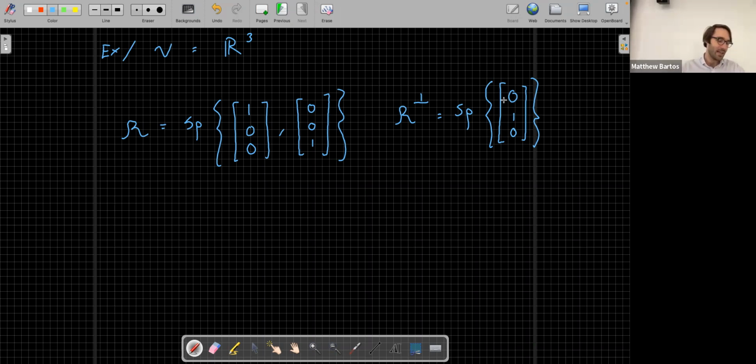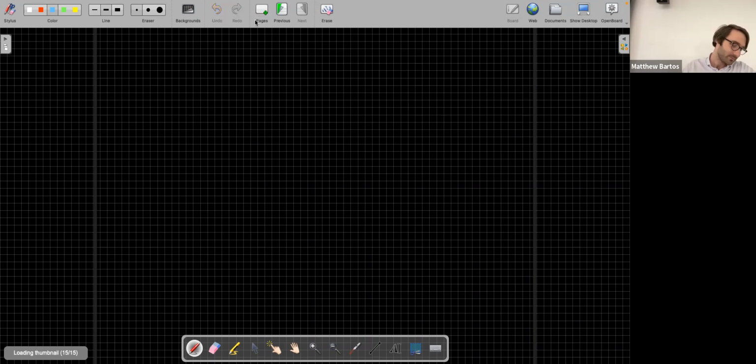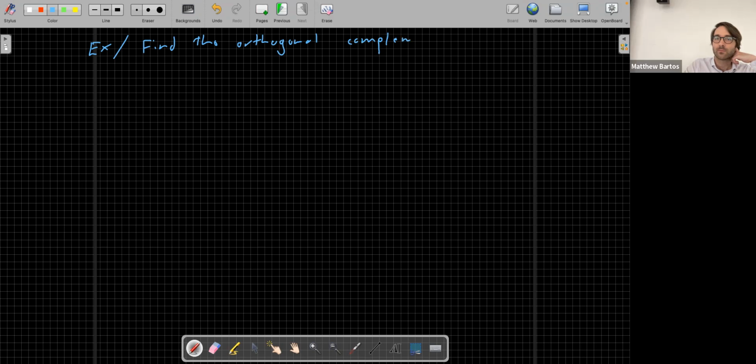Okay, so let's look at a more challenging example. Let's find the orthogonal complement of the following subspace R in R4.